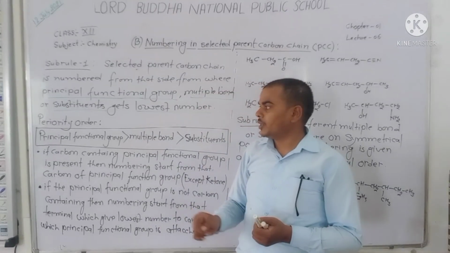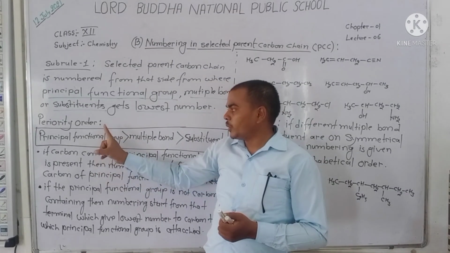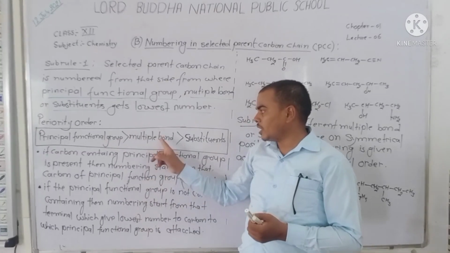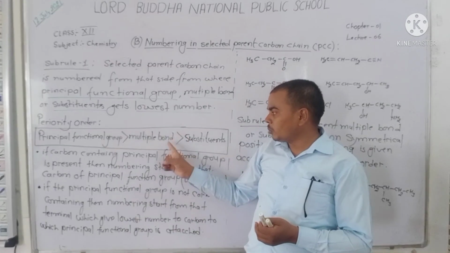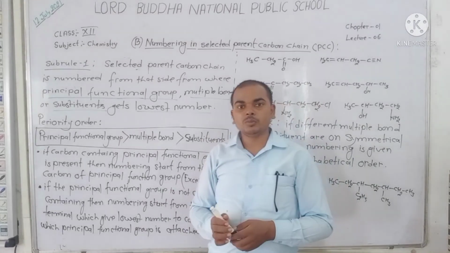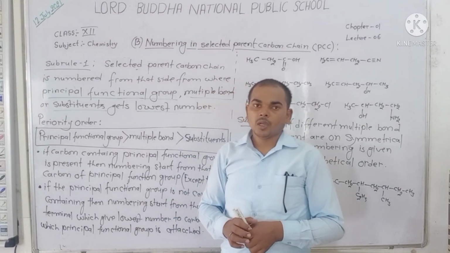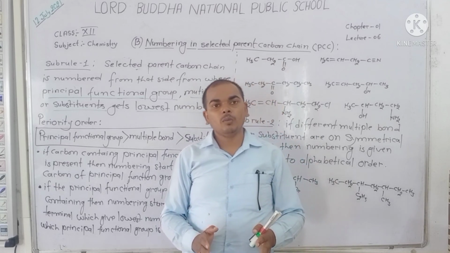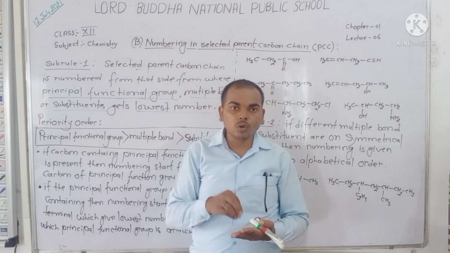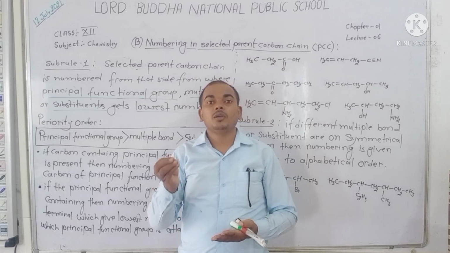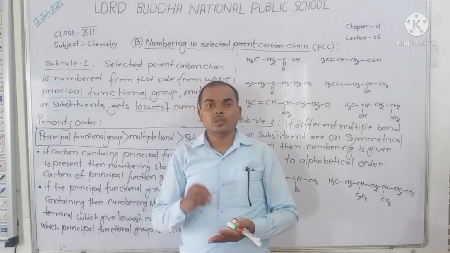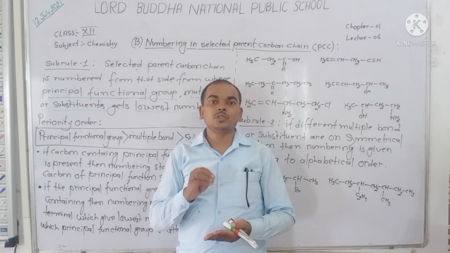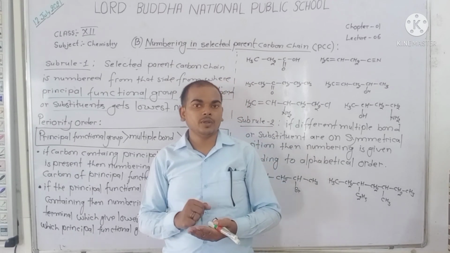The priority order says that the principal function group has more priority than multiple bond, and multiple bond has more priority than substituents. If in a question multiple bond and function group both are present, then you count the selected parent carbon chain from where the functional group gets the lowest number.